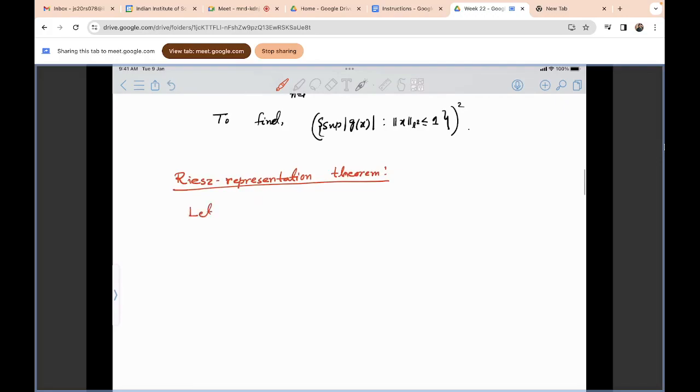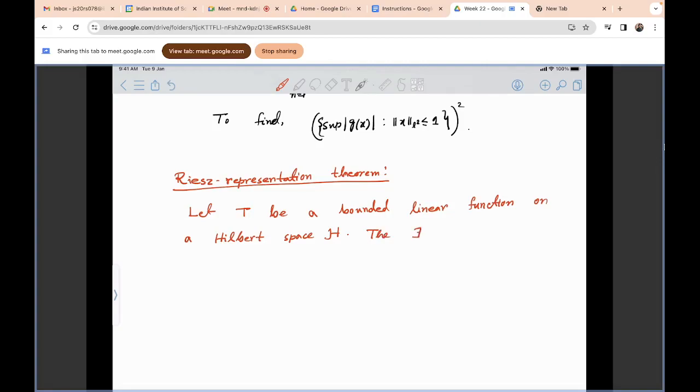Let T be a bounded linear functional on a Hilbert space H. It has a natural inner product.